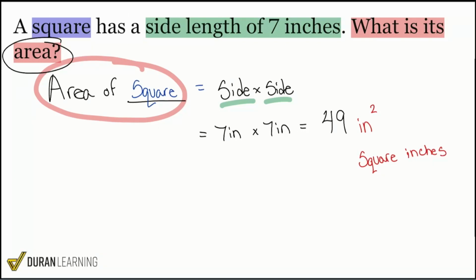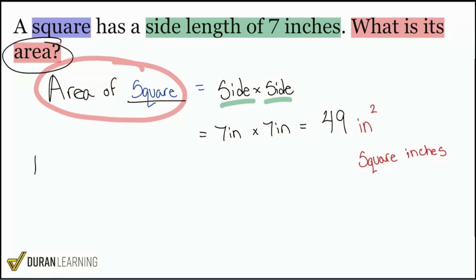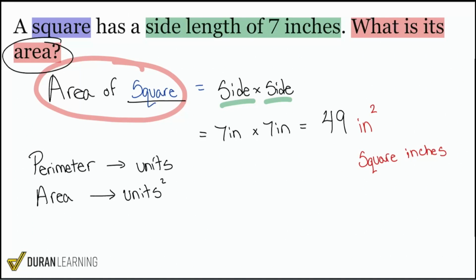Let me write this down here for you at the bottom left corner. So our perimeter is just going to be regular units, because it's just distance. It's just adding up all the sides, so that's just the distance. When it comes to area, everybody, you're going to see that always, and I mean always, 100% of the time, be shown as square units.